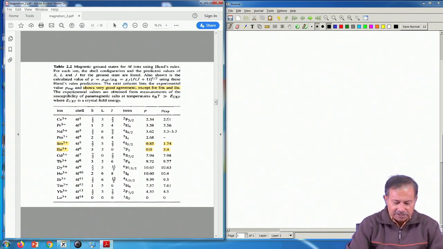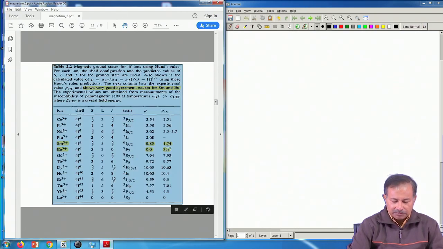You can see that for this 4f series, cerium to lutetium, the agreement is not bad initially, but then suddenly here the agreement became terrible.